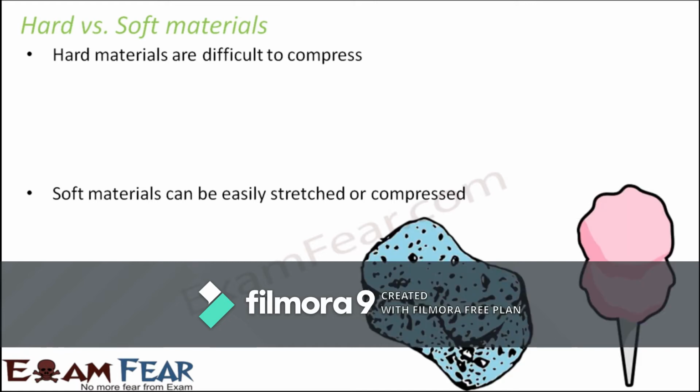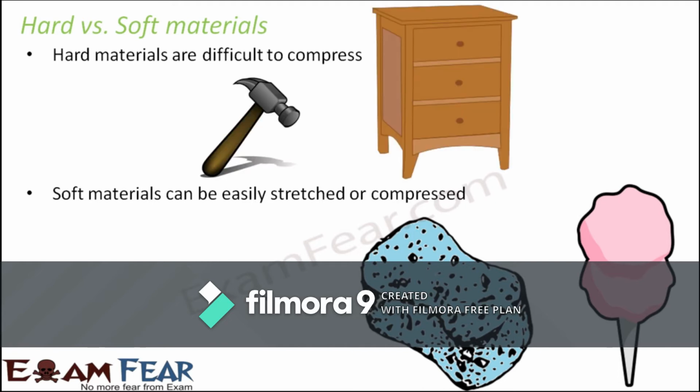When you think of soft materials, you can think of a cotton candy, you can think of a sponge. These are all very soft materials, you can press them into different shapes. Whereas in case of hard materials, you can think of wooden furniture, maybe the bed, chairs, tables, cupboards. You just can't press them, you cannot compress them, you cannot stretch them.